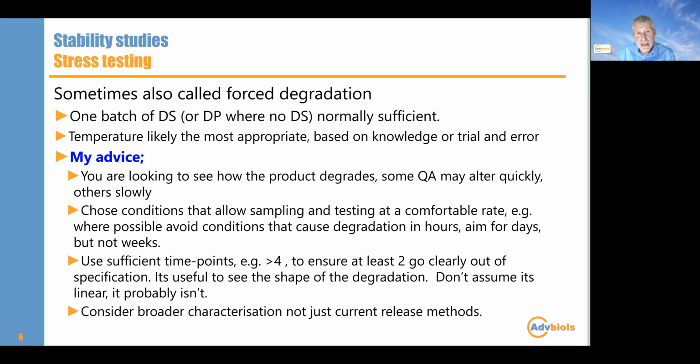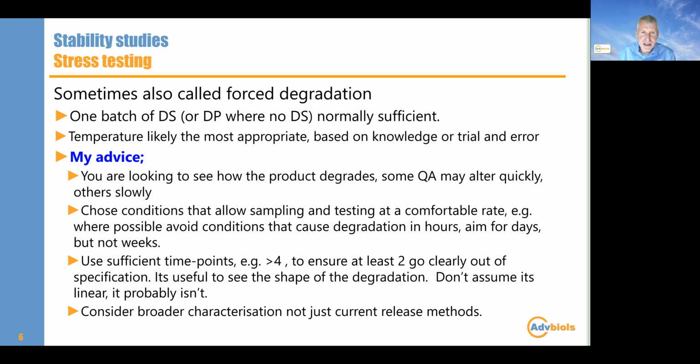And then don't just use the quality attributes that you've chosen for your stability specification based on what you're using for release, which to me seems the way that many do it.